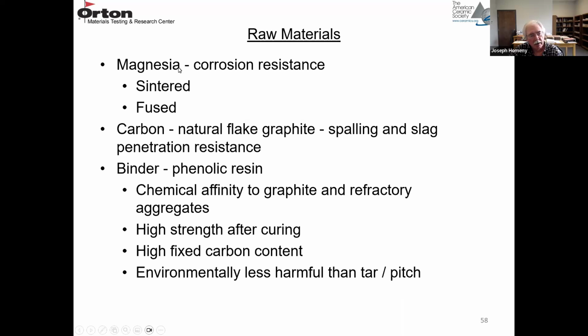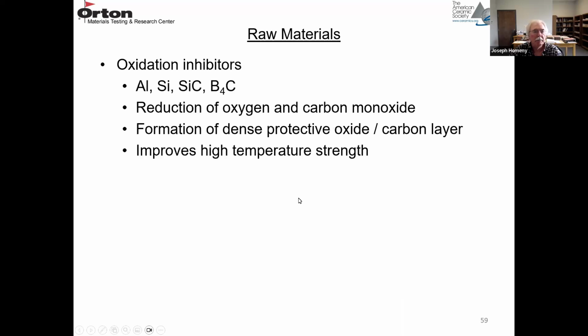So a magnesia source, graphite, and then a phenolic resin as the binder. And then these typically contain one or maybe two of the following: aluminum metal, silicon carbide, and boron carbide.